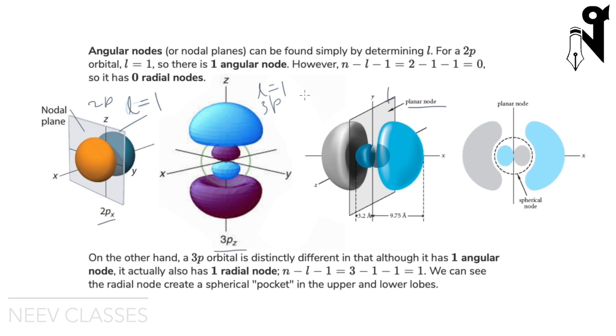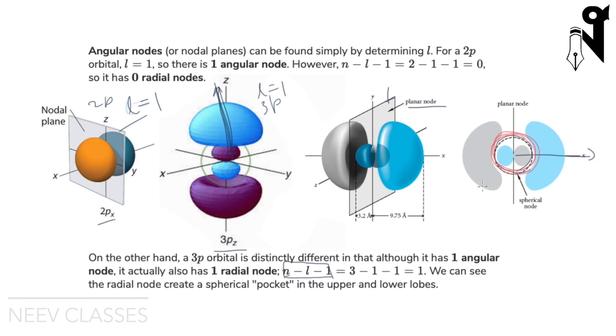Now what is your radial node? The radial node, which was n minus l minus 1. Radial node is when you go along the radius, how many times you encounter zero probability. So here in this diagram it can be seen, when we are going along the radius outward, this is where we encounter zero probability, and it's a spherical region.